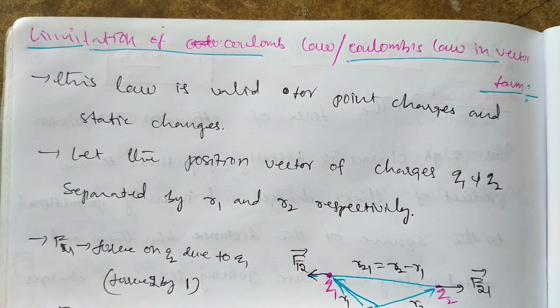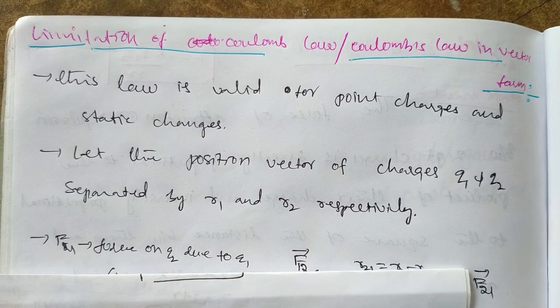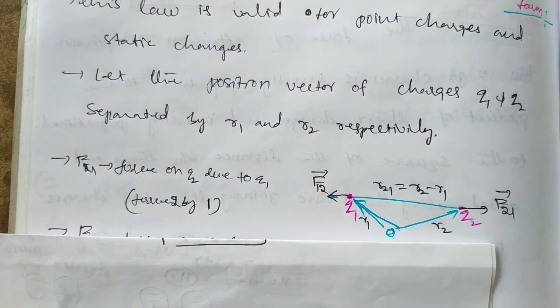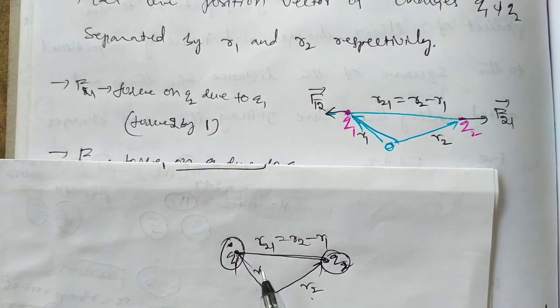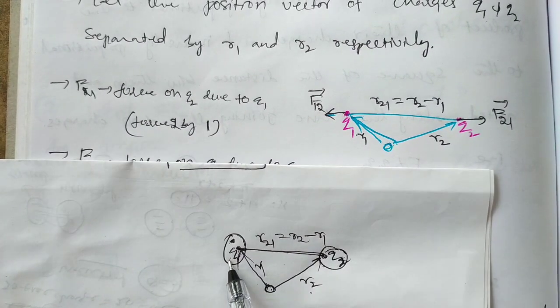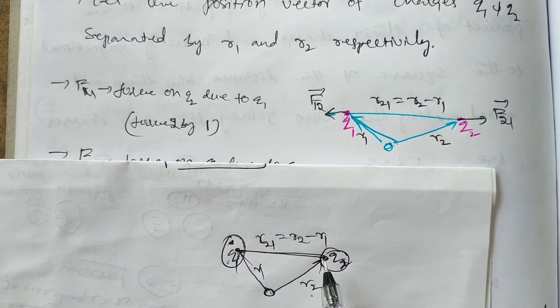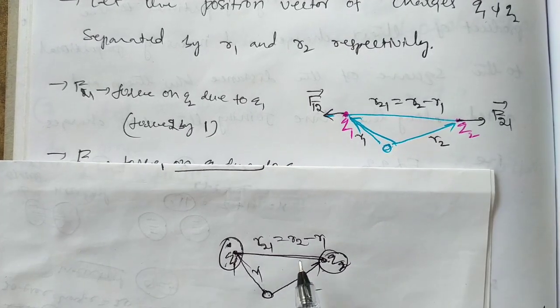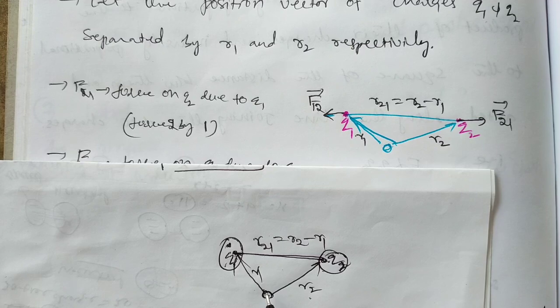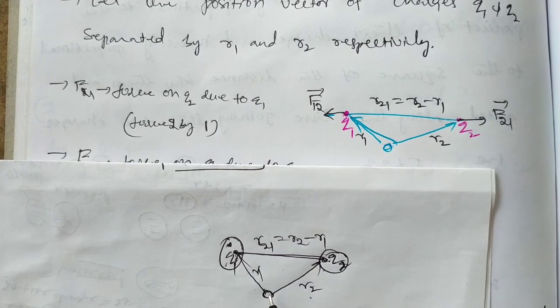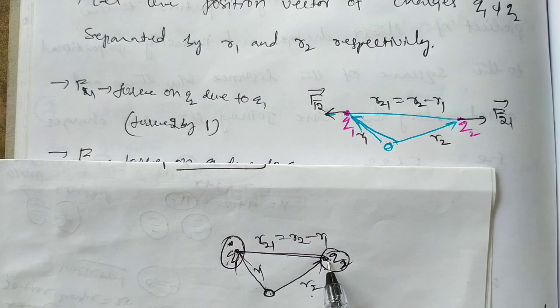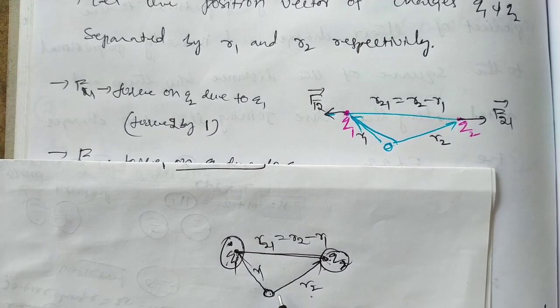Let us consider two charges. One is charge Q1, the other is charge Q2, separated by a distance, from the origin O. The distance from O to Q1 is r1, and from O to Q2 is r2.